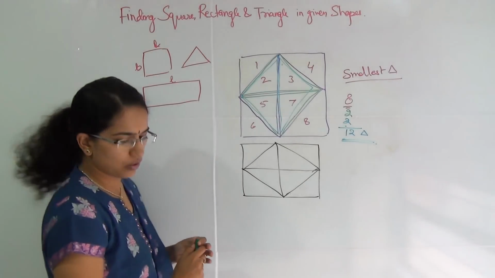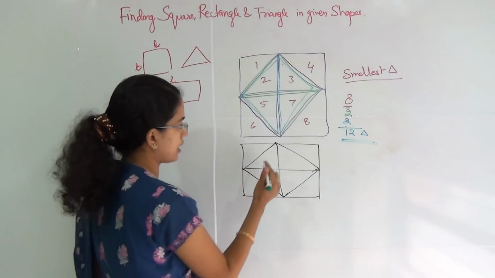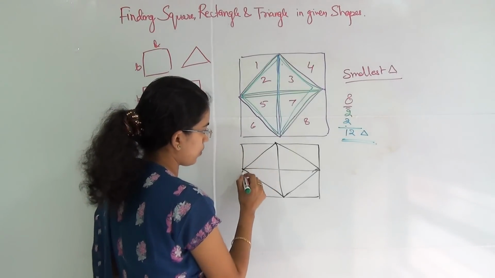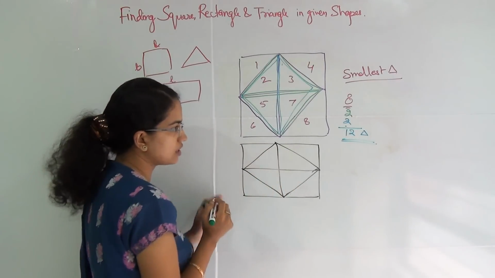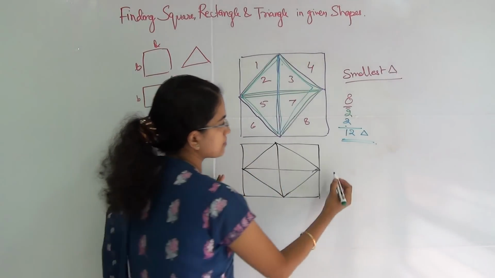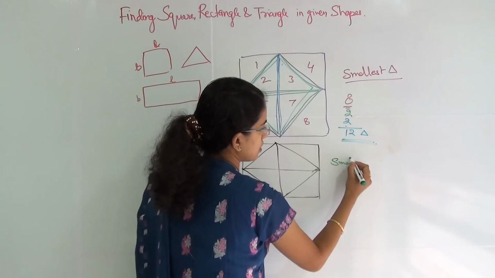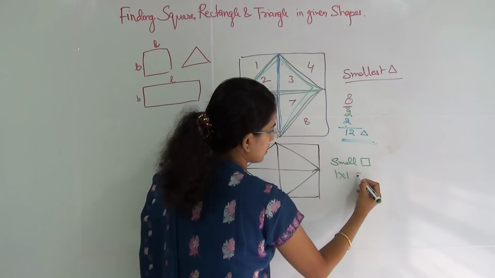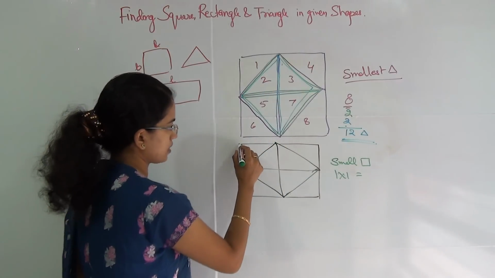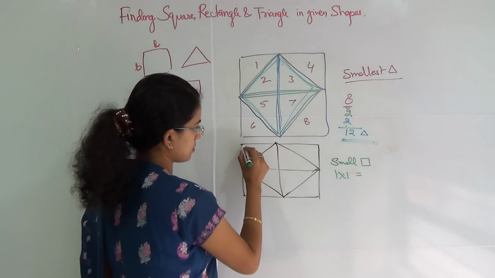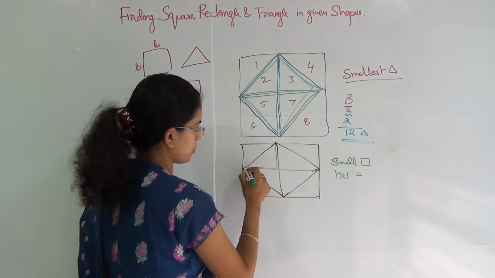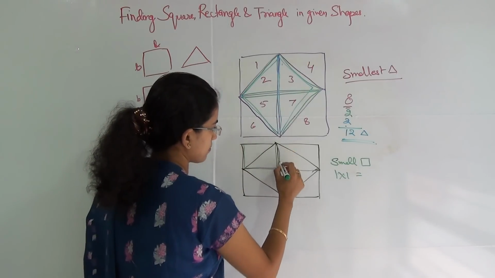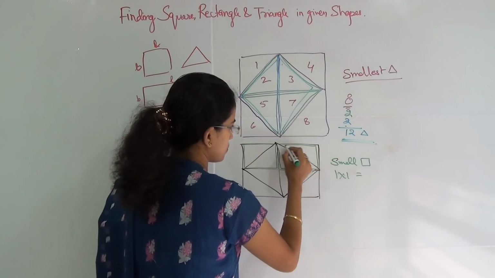Now how will I go about? In the same diagram, I'll start with the smallest square. So small squares of the size 1 by 1. How many squares would be there? So this is 1. So I can say this is 1. Okay. This is 2.